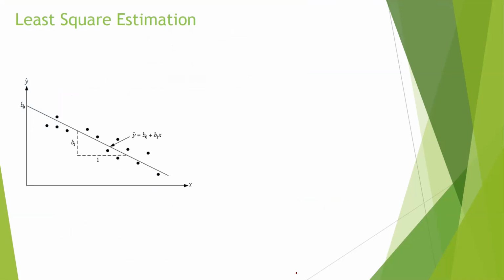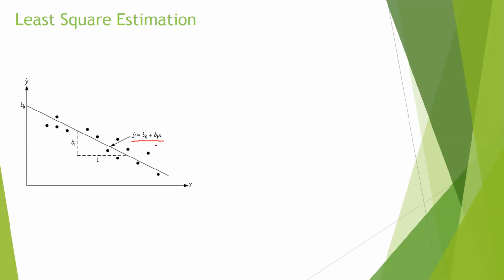All right, so how can we estimate the slope and the intercept? Suppose we have data like this, and we want to summarize the data using a linear regression, which is here, right?